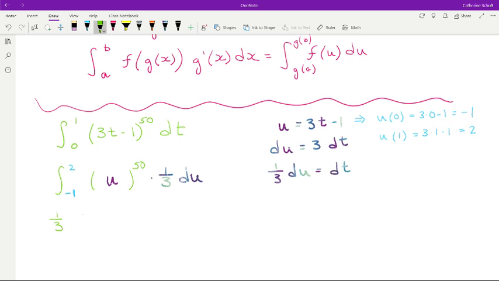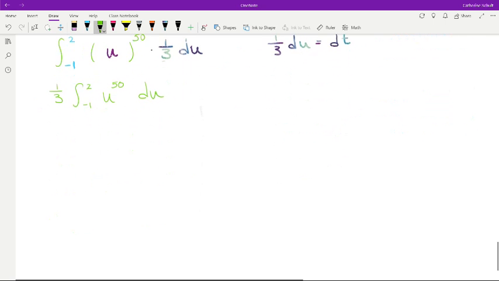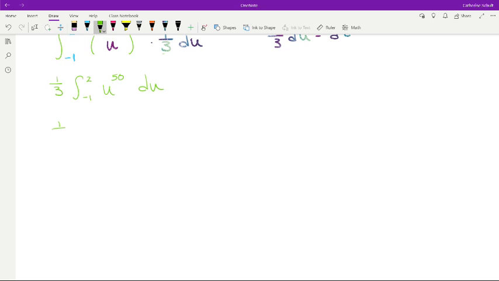All right, so I'm going to move that 1/3 to the outside, this one right here. And let's take this integral. All right, so let's add 1 to the exponent and then 1 over the exponent.